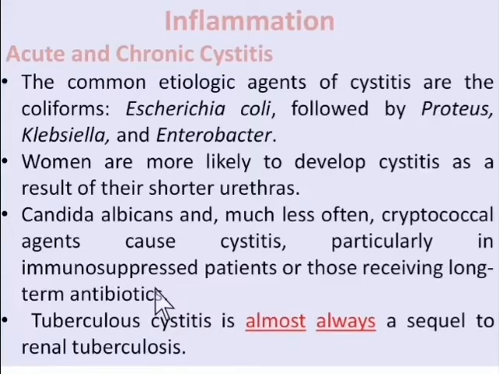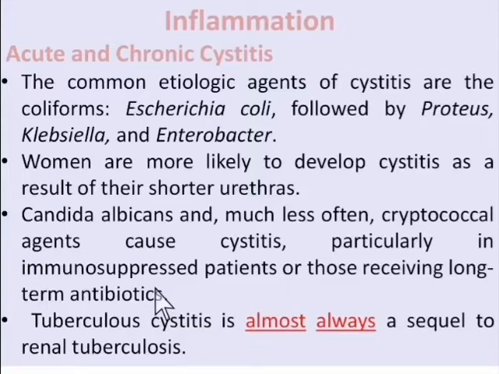Inflammation of the urinary bladder, which is called cystitis. So there is acute and chronic cystitis. The common etiological agents of cystitis are bacterial، وخصوصا E. coli, Proteus, Klebsiella, Enterobacter. طبعا بطبيعة الحال women are more likely to develop cystitis as a result of their shorter urethra.